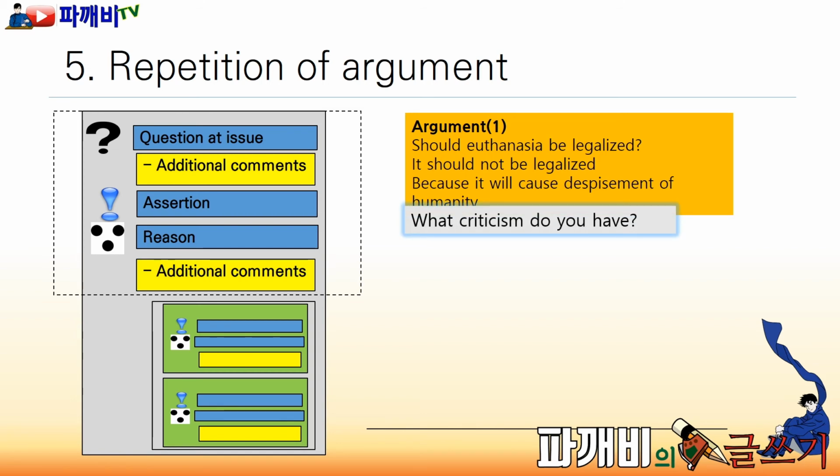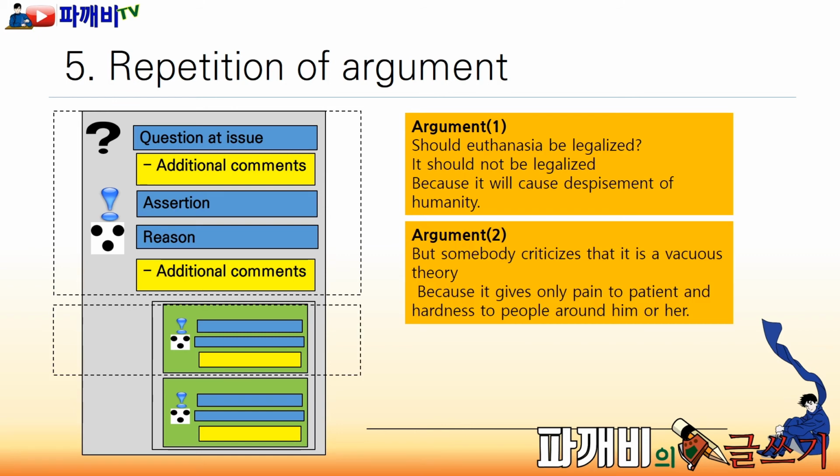Here, there is a hidden question. It is, what criticism do you have? As an answer to this question, the next argument follows. But somebody criticizes that it is a vacuous theory because it gives only pain to the patient and hardness to people around him or her.